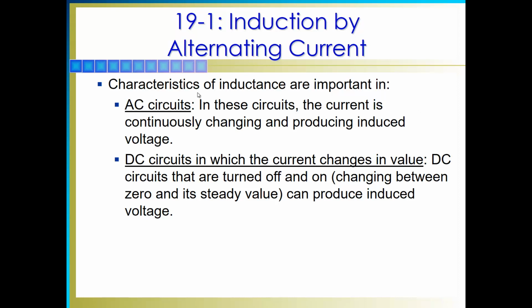A DC circuit in which the current changes in value can also generate a magnetic field or inductance, even though on DC circuits the current does not change polarities; in other words, it is always positive or always negative.